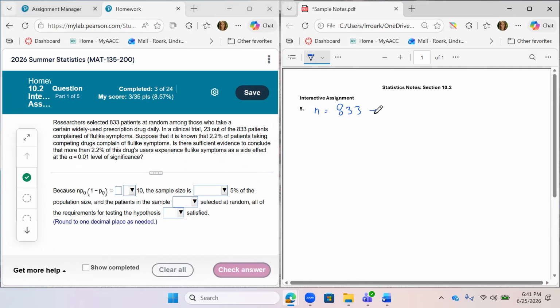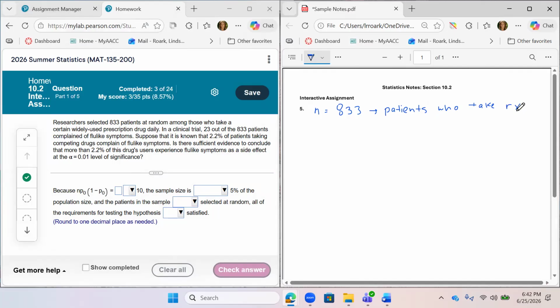Right? And I know sometimes I get tired of writing all of the words, so I understand if you don't write all the details. But what we're talking about is patients who take a certain widely used prescription drug. So I'll abbreviate a little bit. I'll say patients who take this RX.